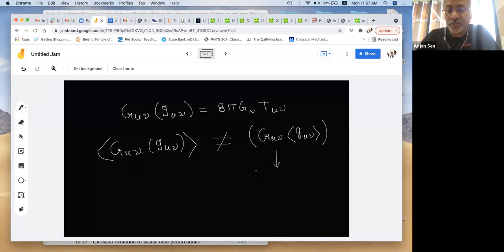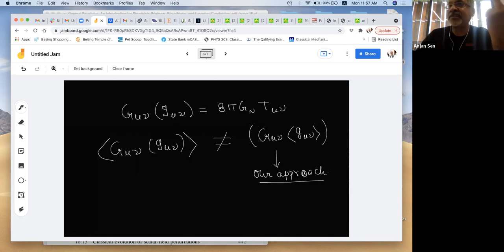But that is what we actually do. This is our approach, and this approach works. We don't exactly know why it works, but it is obviously much simpler, and it works. But then you can see that people are coming with the concept that we have late time acceleration, or dark energy. Actually, this may be an effect because we are doing this thing, which is actually not true.